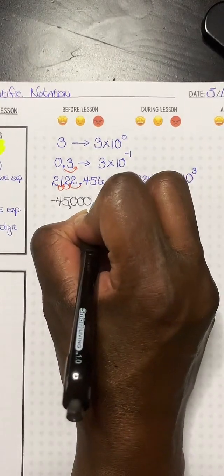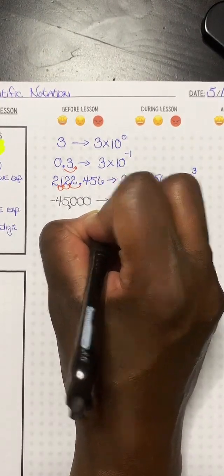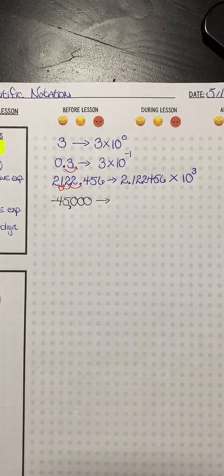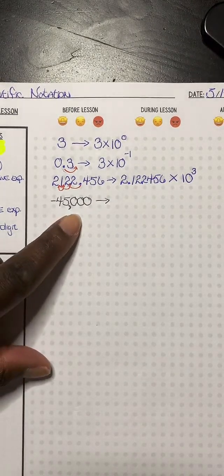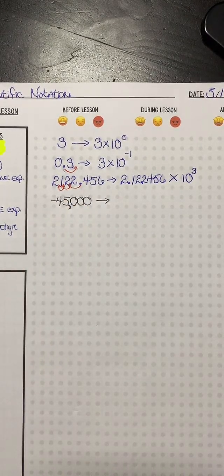We want to convert that. Where would the decimal be? Because there's no decimal up here. But where would it be?